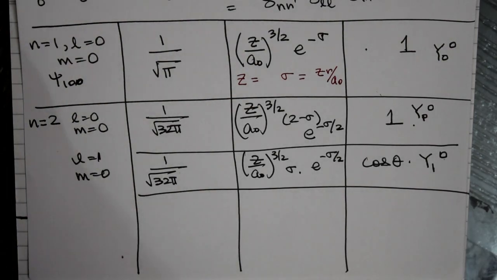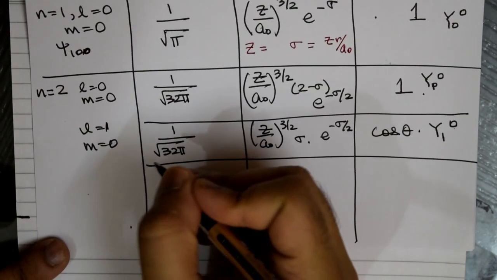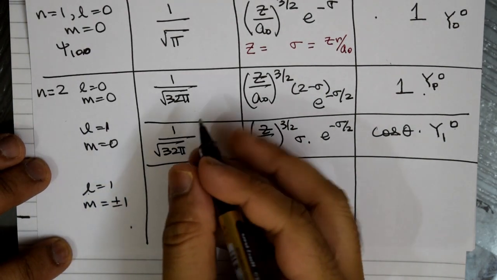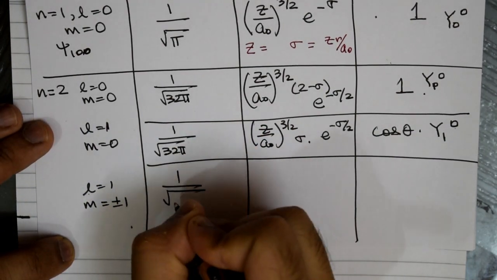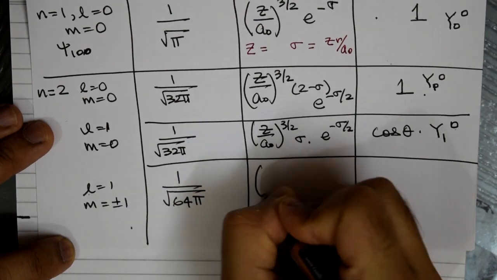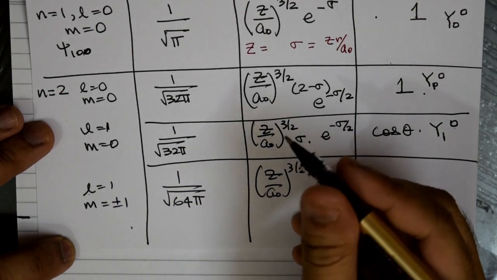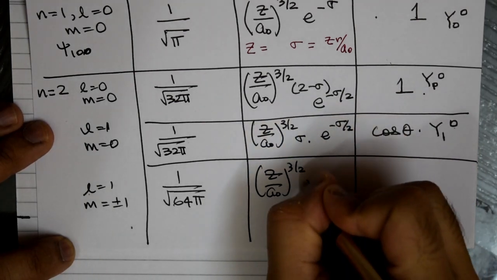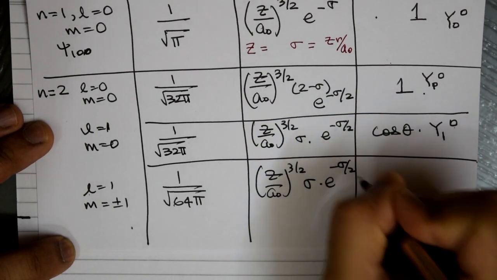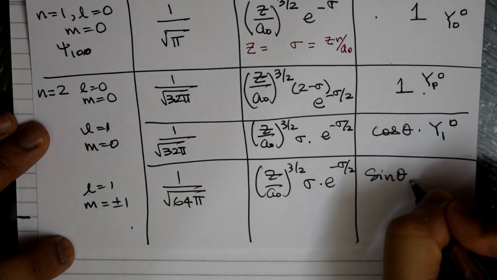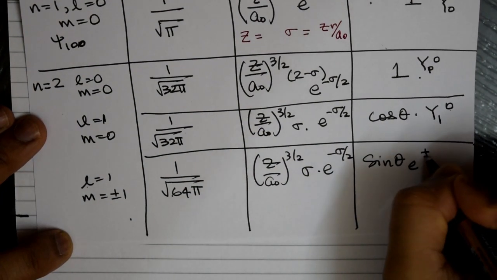On the other hand, when you have L equal to 1 and M equal to plus minus 1, the normalization constant becomes 1 over 64 pi, Z by A naught power 3 by 2. You have something similar, sigma times e power minus sigma by 2. Now sine theta ends up being the component. Of course, there is also an m component, that will be e power plus minus i phi.